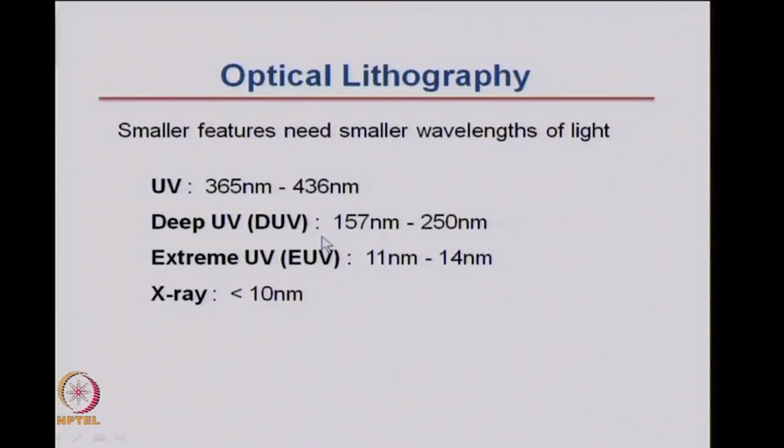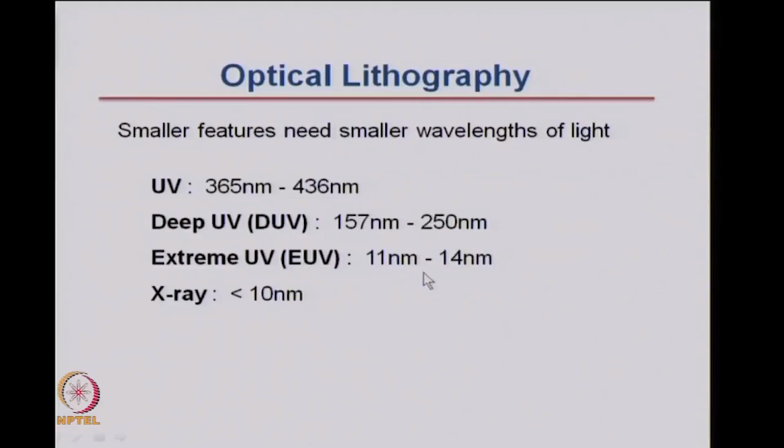If you want even smaller wavelength, that means even higher energy, you go to extreme UV, which is called EUV, where the wavelength has values of 11 nanometers to 14 nanometers. And ultimately, if you want to go to even higher energies and much lower wavelengths to obtain very small feature sizes, then you go to X-ray radiation, which has wavelength less than 10 nanometers.